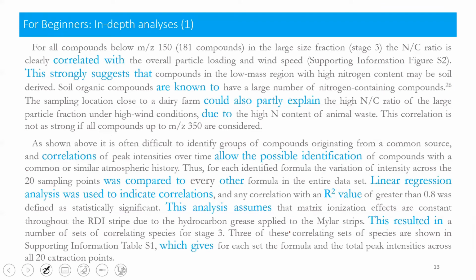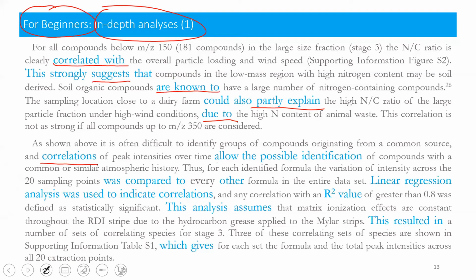For beginners: analyze your data, then you have a suggestion, or "this suggests that." Then you use existing literature to support that suggestion, and you could partially explain that because of this, all pointing to this suggestion, but you have to analyze.